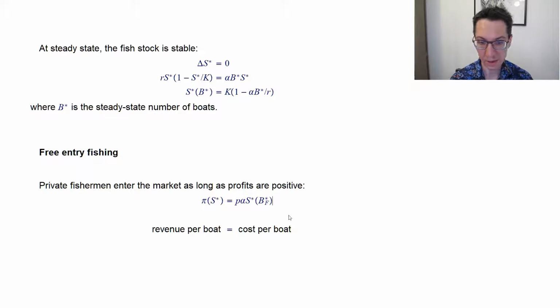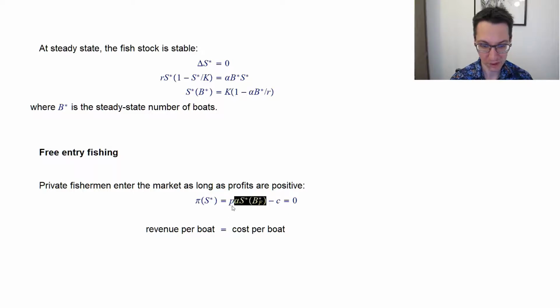And here I'm going to write F, because that's the number of boats in the free entry fishing case, because we can have other cases. So just to indicate that this is the number of boats that we have in the free entry case. And of course I have the cost of my boat to pay and all the other things, so minus C. And the condition is that this has to be equal to 0.